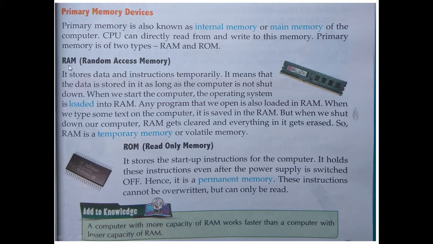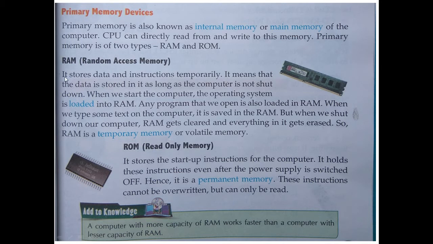Let's see. The full form of RAM is random access memory. You need to learn the full form of RAM and ROM. RAM stores data and instructions temporarily. What is the meaning of temporarily? It means for a short period of time, not forever.